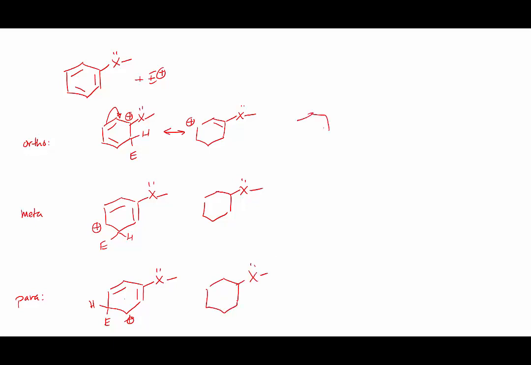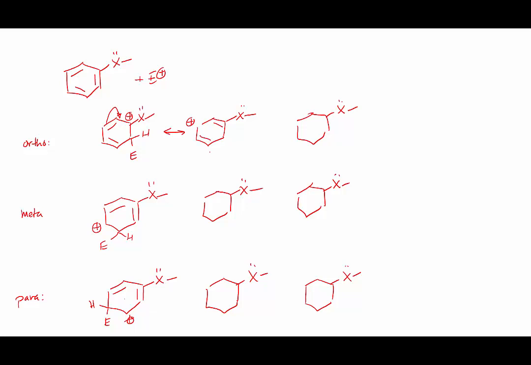Just to be more efficient, I'm going to make my benzene rings with my X groups on them. You can do the same thing, because there's going to be 3 for each one. So then for the ortho, move this pair of electrons over.